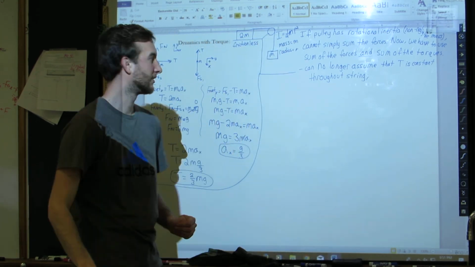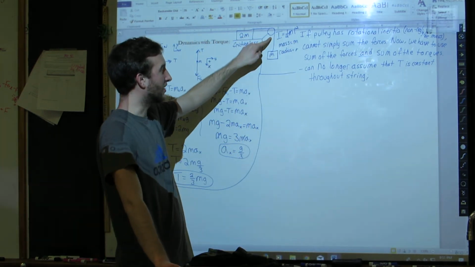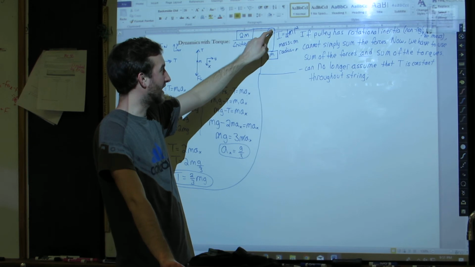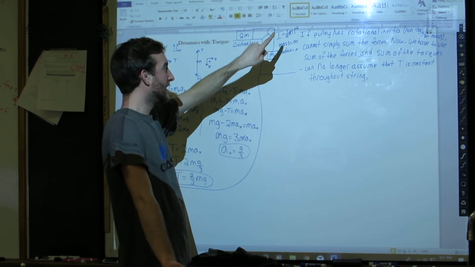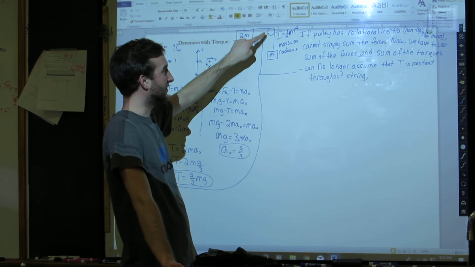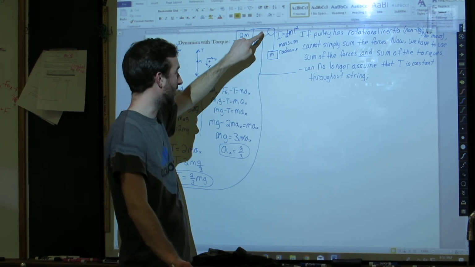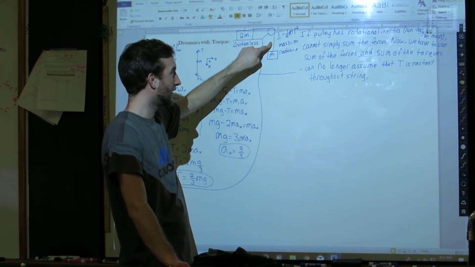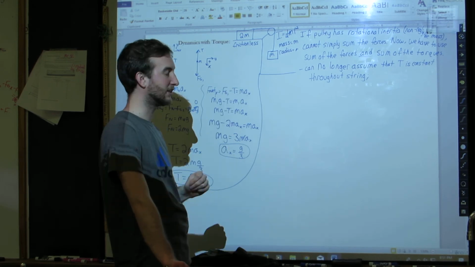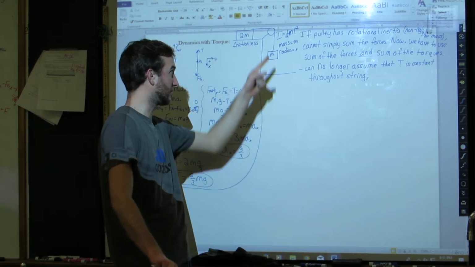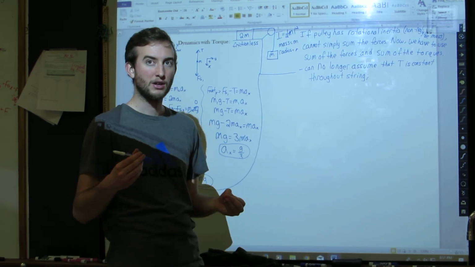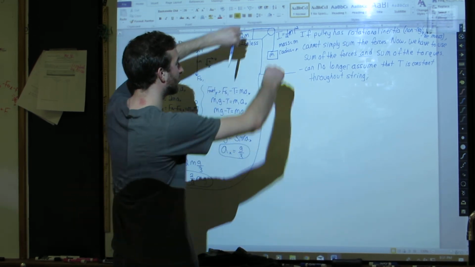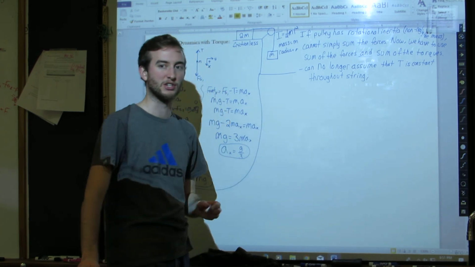But it makes sense. The string acts on the pulley in two places, the same distance from the axis of rotation in both cases. Axis of rotation is through the middle. If you had a tension that was the same in each place, okay, here and here, same force, same distance from the axis of rotation, same angle, it's going to be sine of 90 equals 1, you would get two torques that are exactly the same trying to cause it to rotate in opposite directions.